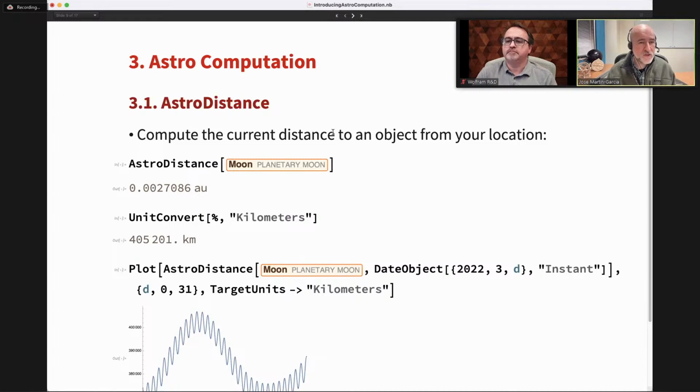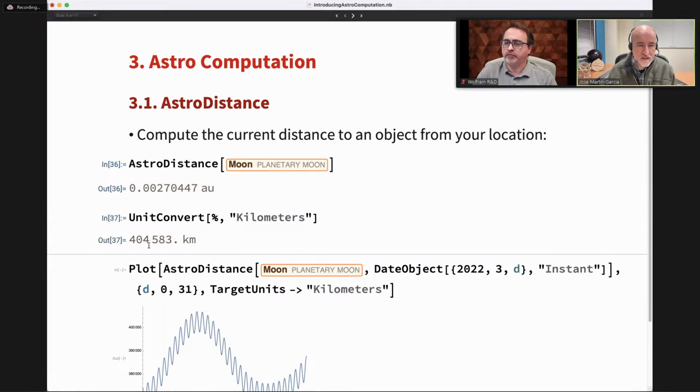What other functions do we have to do astro computations? Something very important will be AstroDistance. This is a function that computes distance from any point to any other point. By default, it is distance from our location. So this will be right now the distance to the center of the moon from Champaign.